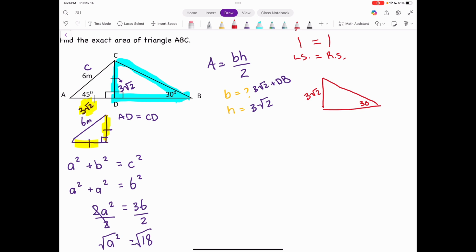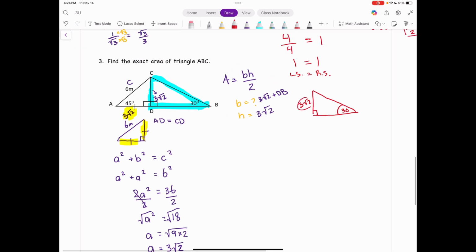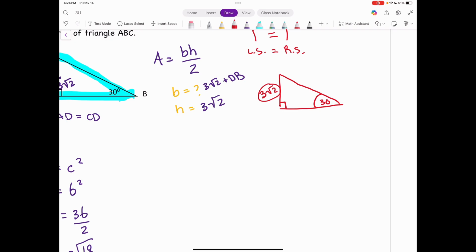So instead of our short leg equaling 1, now it equals 3 times the square root of 2. We have a right angle triangle, we have an angle, and we have a side. We know that when we're given this information, because it's a right angle triangle, if we want to figure out what this side length is equal to, we'll call it x, we can use SOHCAHTOA.